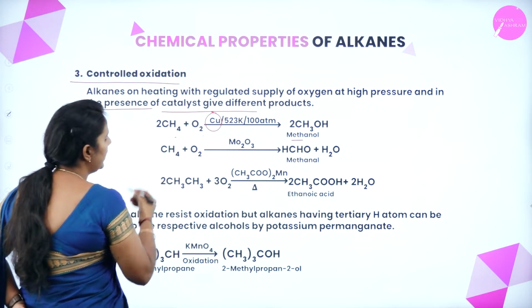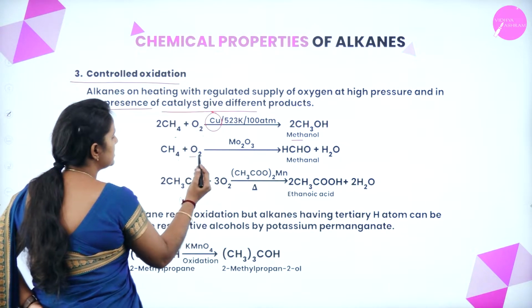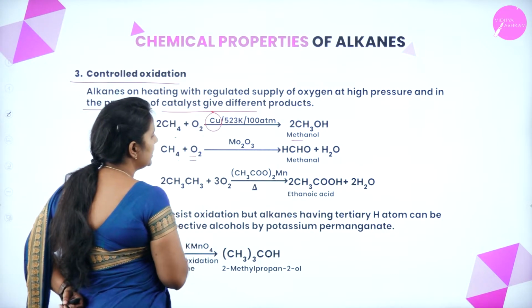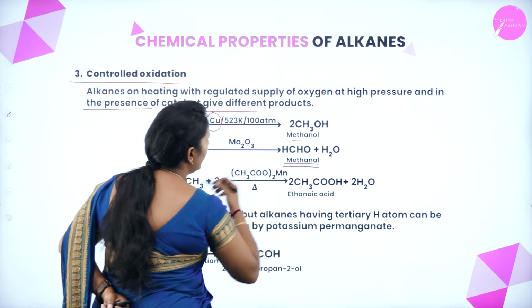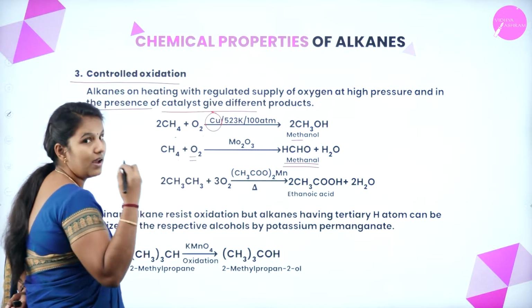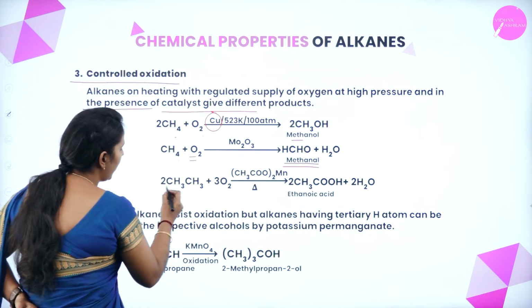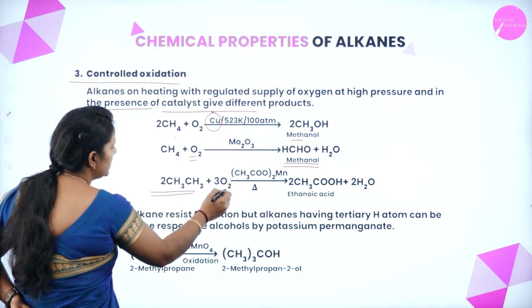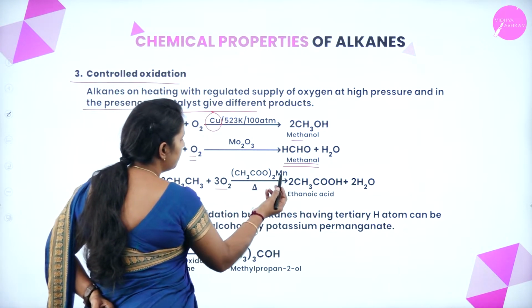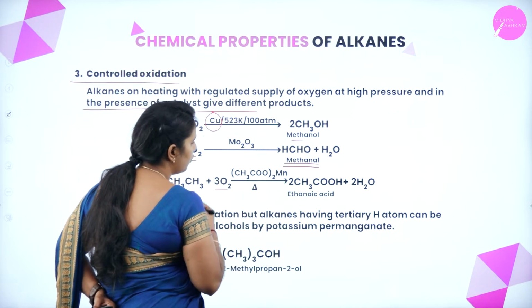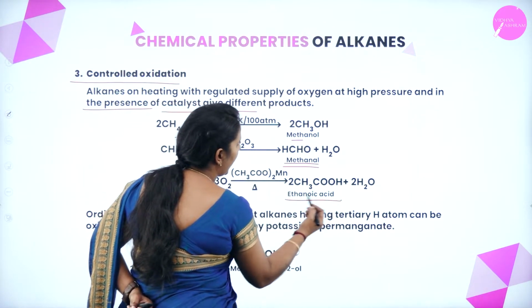Methanol. Similarly, if I use methane in the presence of oxygen by using a catalyst such as MnO2 and O3, it gives methanal, that is an aldehyde. Similarly, if we use ethane, when it reacts with the oxygen molecule in the presence of manganese (CH3COO)2, it gives ethanoic acid.